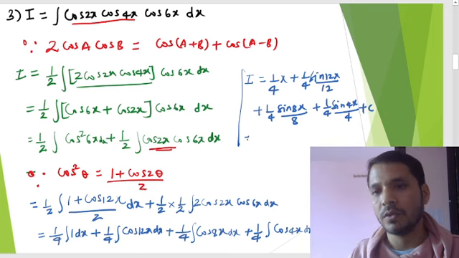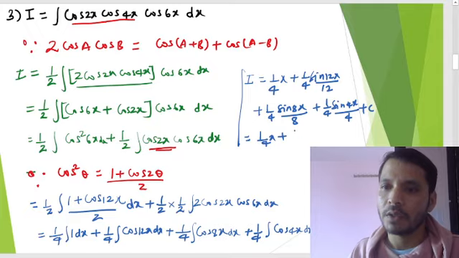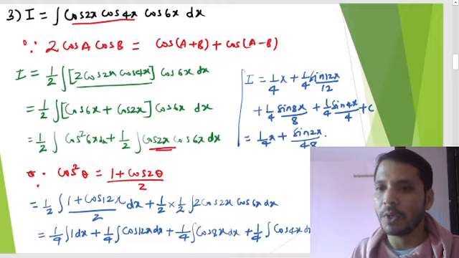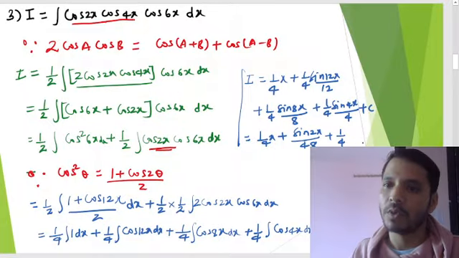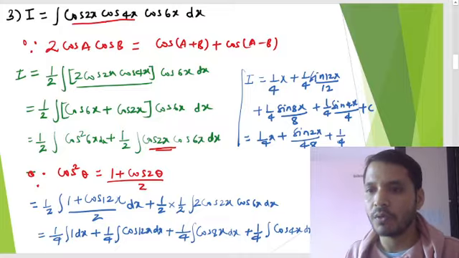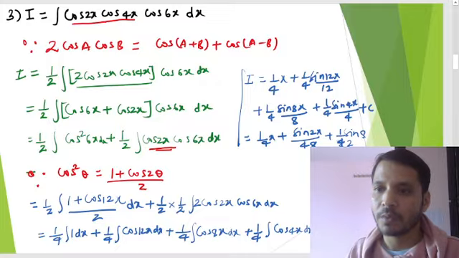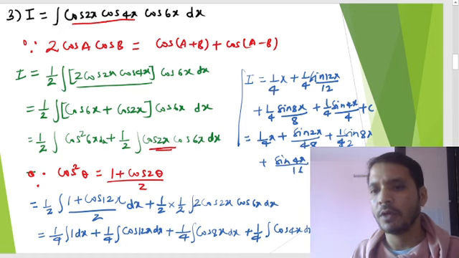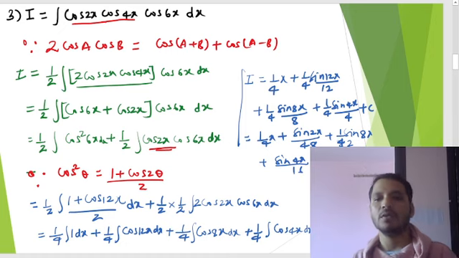So just we can write one more step, 1 by 4x plus sine 12x divided by 48 plus, third term, 1 by 32 sine 8x, and last term is sine 4x divided by 16, plus C. This is the question number 3 answer.